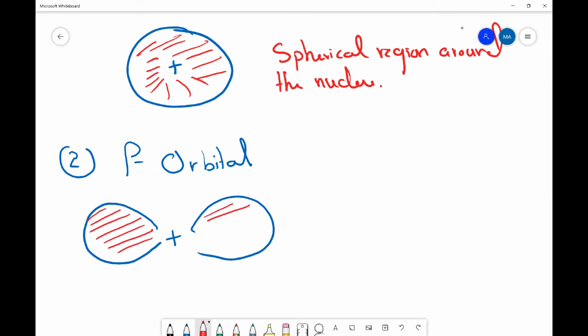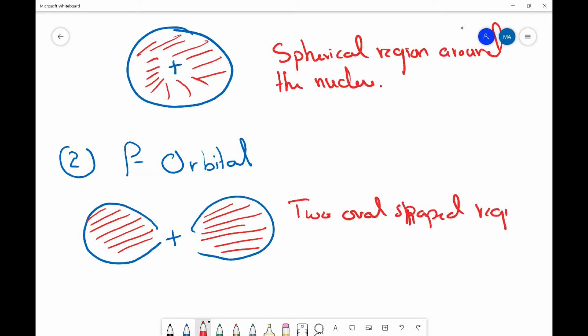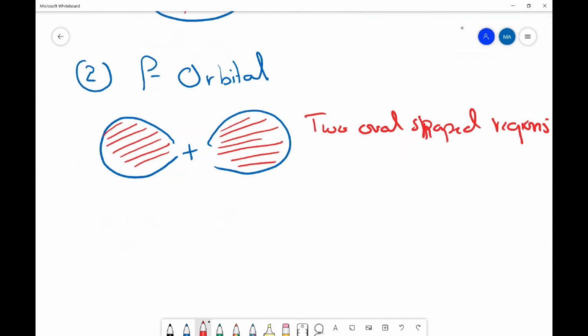So you can have the electron either in the left region or in the right region. Electrons can be moving in these two oval areas. You can find an electron in either oval shape there.